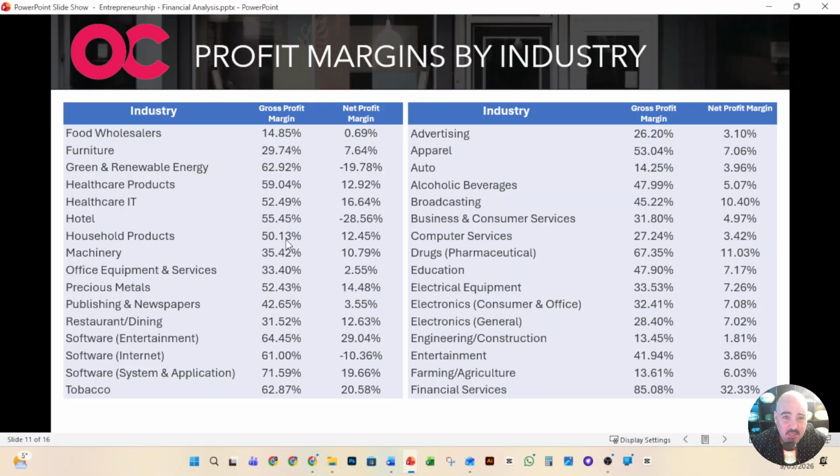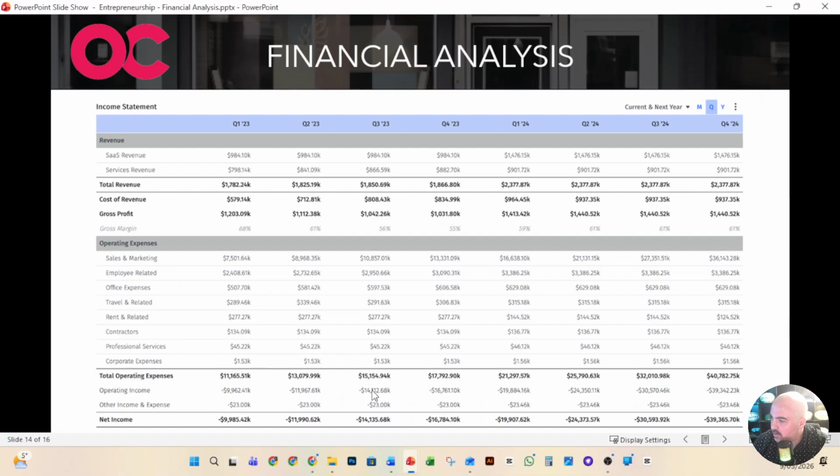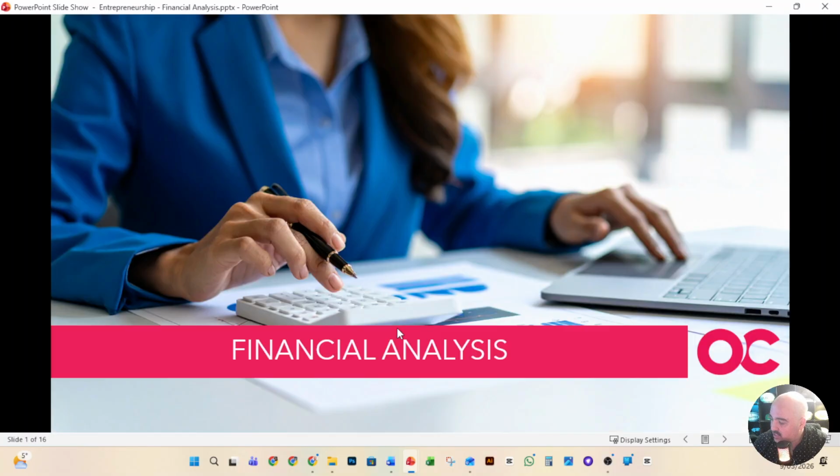So there's a 50% gross profit margin there. You guys need to be looking at that and thinking, are you reaching these benchmarks? So look at your industry here, guys. Look at the average profit margins and see where you are going to be sitting as well. Okay, these are just a couple of examples, guys. You can look at these and go in and do some analysis on those.